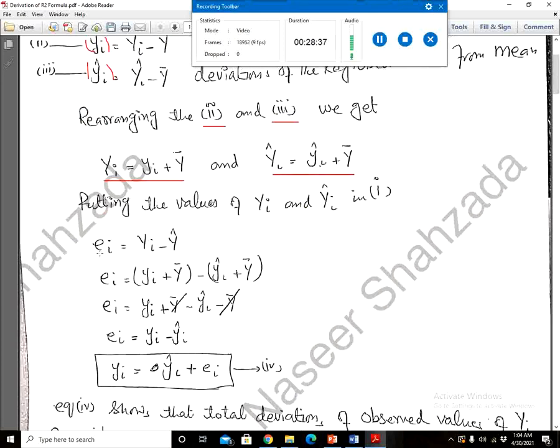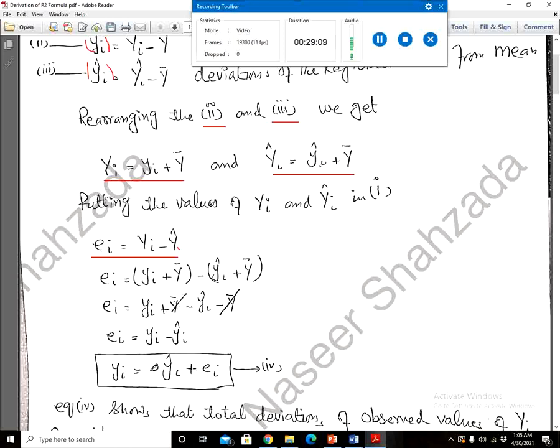Equation number 1 is ei is equal to Yi minus Y cap. We have put the values of Yi and Yi cap. Here ei is equal to small yi plus y mean minus Y cap i plus y mean, and multiplying by this negative sign, we have small yi plus y mean minus small yi cap minus y mean.